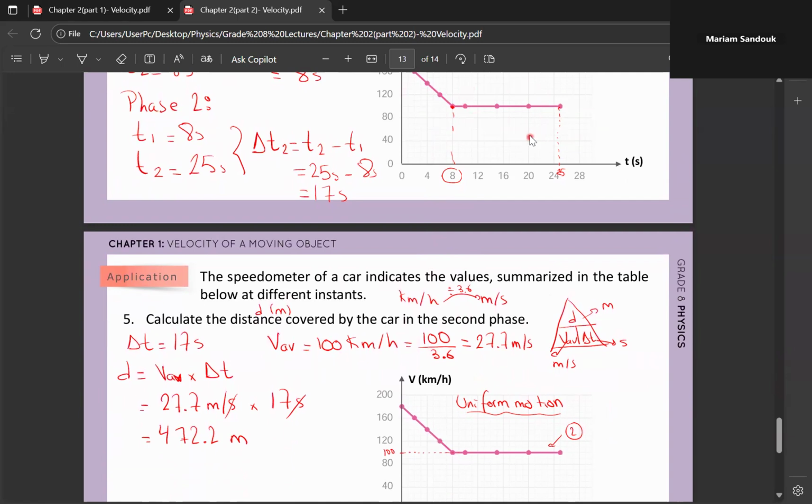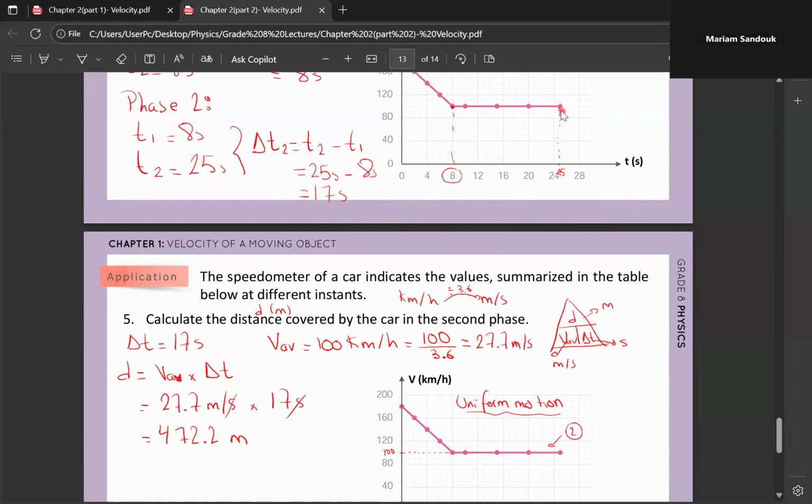Okay, so the distance equals V average times delta time. So delta time here, what's the second time? It's 25 seconds. What's the first time? It's 8. I subtract 25 minus 8, we obtain 17 seconds.